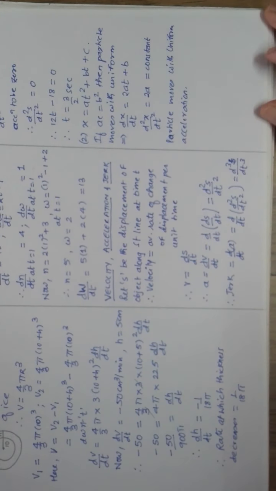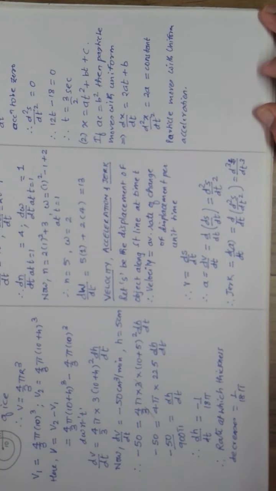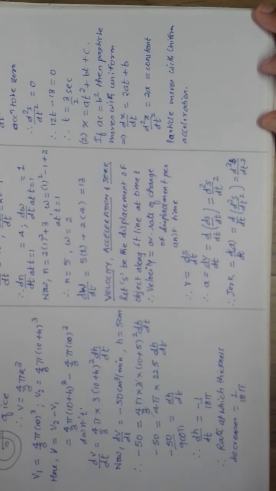Wasn't it very easy? A simple thing, you just have to get where it is constant, and you will get the uniform thing. So for getting uniform, I will differentiate till I get a constant value, and where I get constant, I will see whether it is velocity, acceleration, or a jerk.